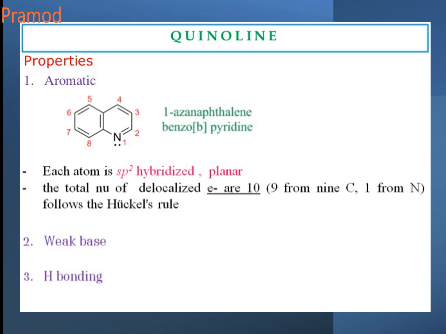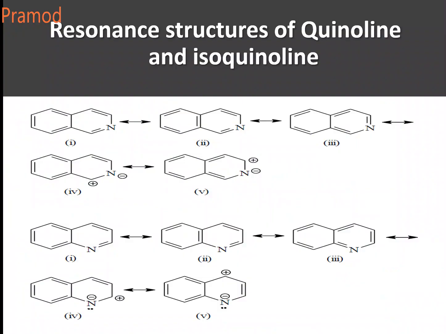It's slightly basic and does show hydrogen bonding because of the lone pair of electrons present in the quinoline ring. So these are the resonating structures. First the resonating structures are in the benzene ring, then they get transferred to the pyridine ring. Similarly, these are the cases of quinoline and isoquinoline.